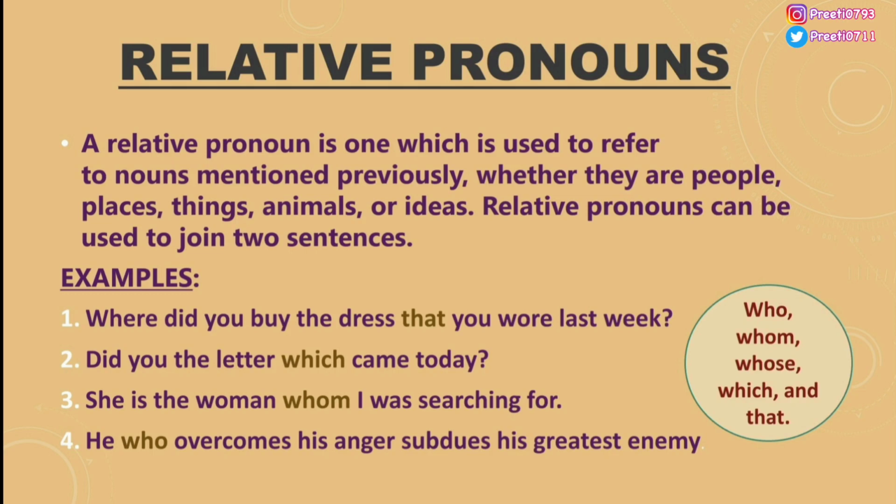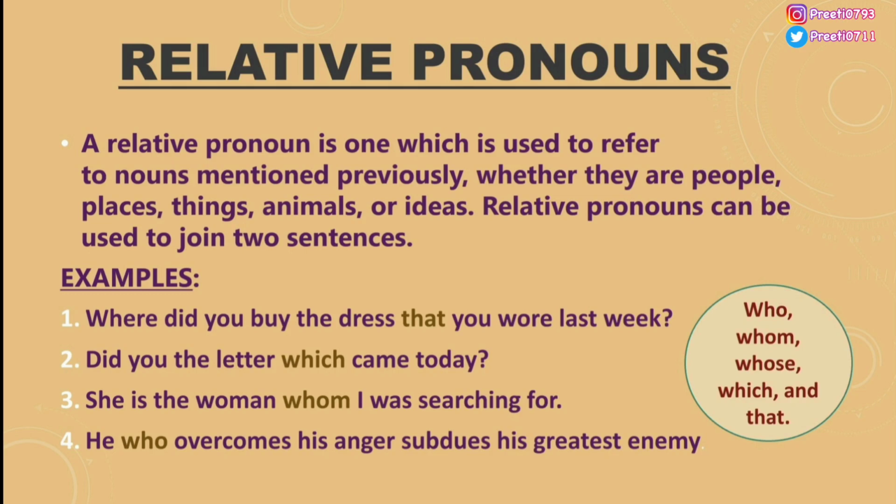Look at the first example given here. Where did you buy the dress that you wore last week? So here the question is about where that person bought the dress, which the person wore last week. So the dress here has already been talked about in the sentence, has already been introduced.